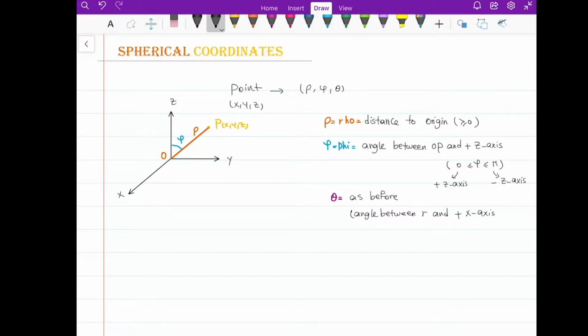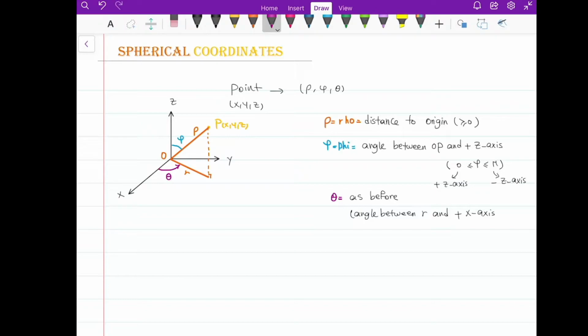What is R? R is basically here. I'm gonna have a line from the point P to the xy plane, and then this is my R. The angle theta is this angle.